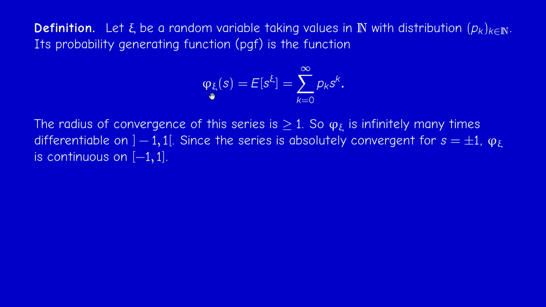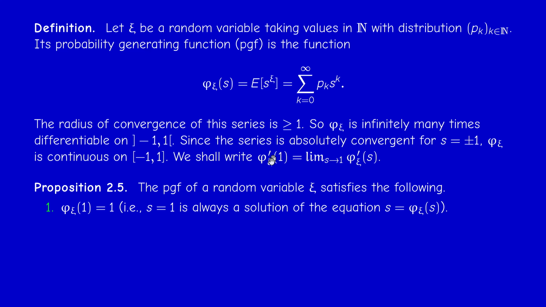So phi is analytic on -1, 1 and continuous up to the boundary. So we see that actually 1 is always a solution to the equation s equals phi xi of s. Okay, because when I put s equal 1, I get 1. So phi xi of 1 is 1. So we always have one solution. Q equal 1 is already a solution.